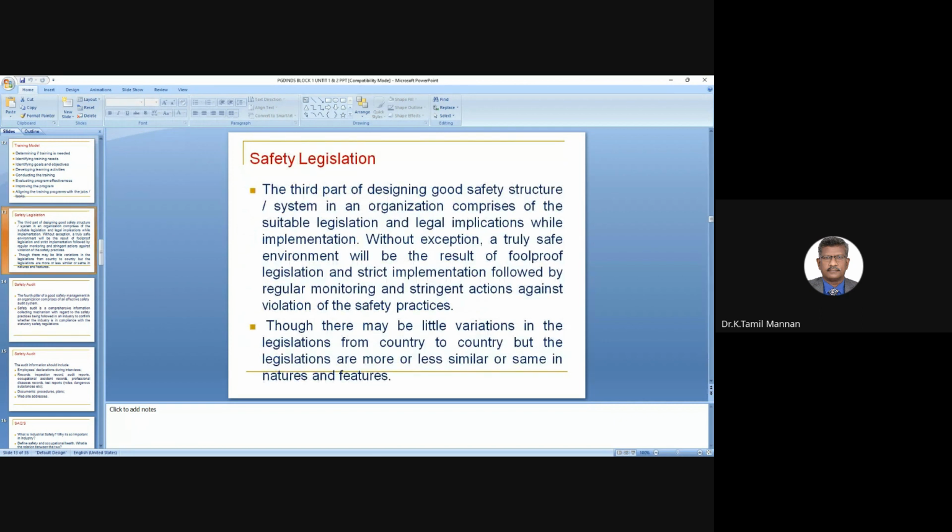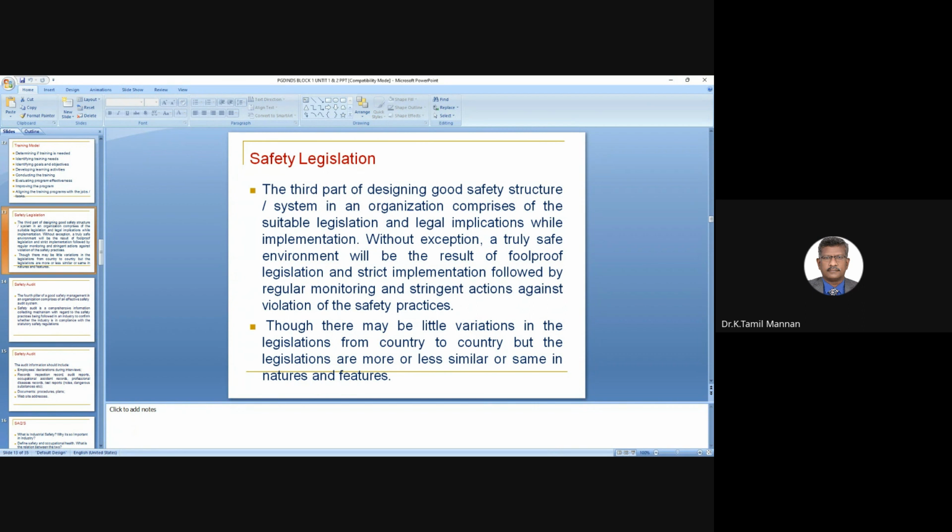Next, the safety legislations. Legislation mainly focuses on violation of the safety practices. The third part of designing a good safety system in the organization is suitable legislation and legal implications.